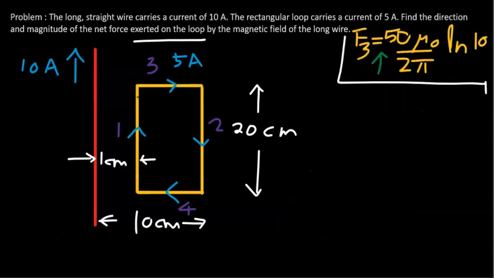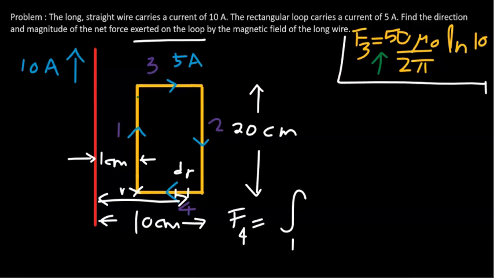Now we can use the same reasoning to compute the force over this length 4. So creating an arbitrary element with length, let's say dr, and the distance from the long wire being r, the expression for the force on that side 4 is again given by a similar integral that again extends from a minimum value of r of 1 cm, that is when the element is here, and to a maximum distance of 10 cm when the element is there.